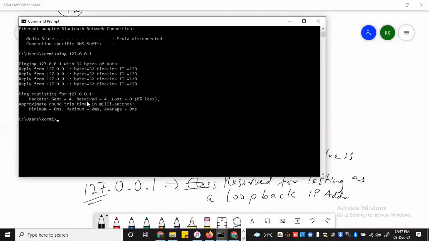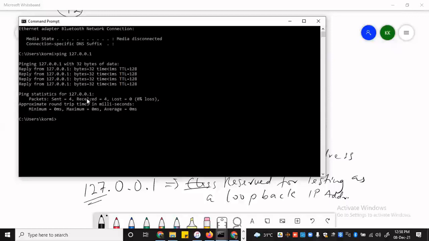So every network adapter has got a default IP address assigned to it for testing purposes only, even if it's not connected to a network. It's the only IP address that every single compute device that has got a network adapter can use to test itself to determine whether it's actually working or not.